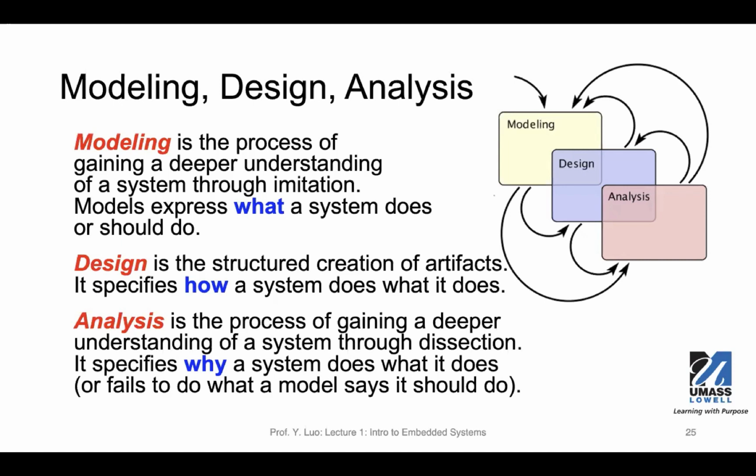Maybe we need to change the design, and then do the re-evaluation. So it's a very complex, sometimes time-consuming process before you can end up with a design that meets the performance requirements, cost requirements, and all the other constraints.